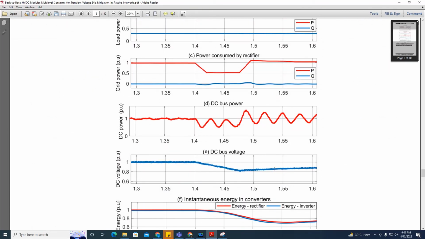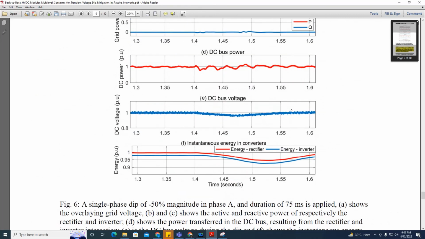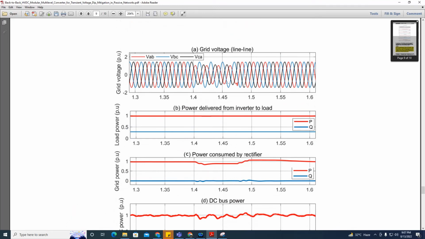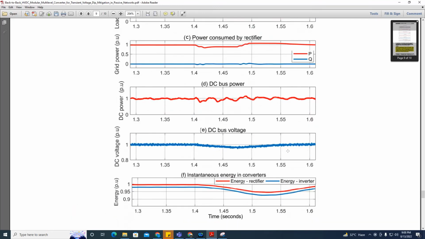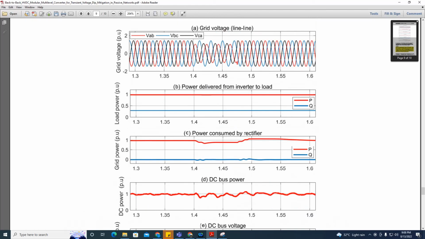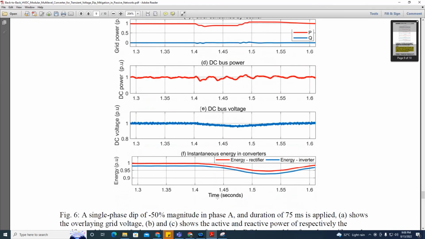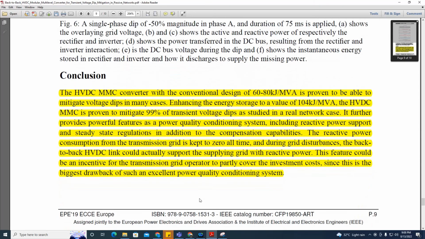If you compare this waveform with this one, we can see that due to this unsymmetrical dip, a second harmonic order appears in this DC bus voltage. So this missing energy is compensated by the energy stored in the capacitors. They are just going to discharge the energy to compensate and mitigate this voltage dip.